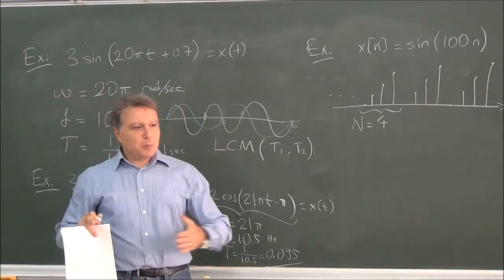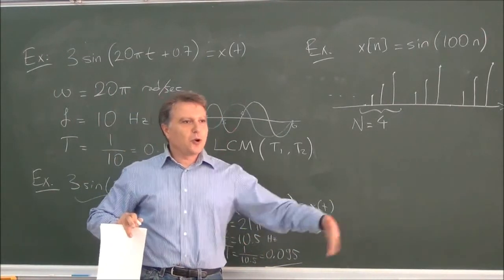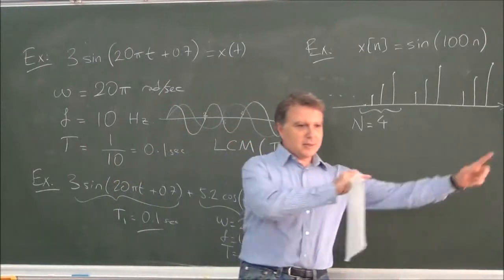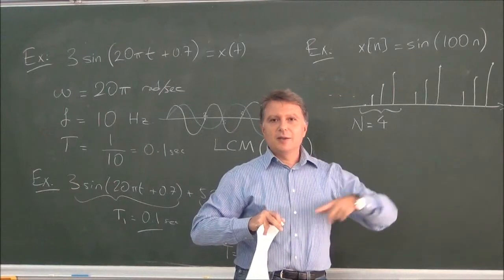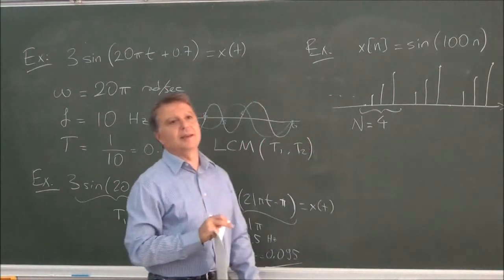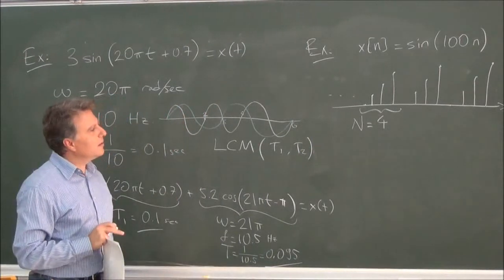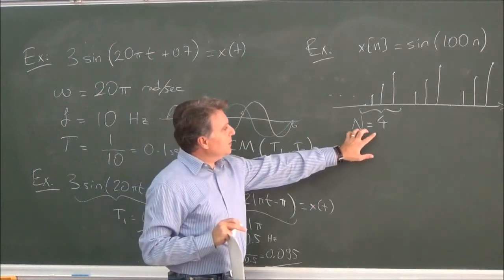Because 7.1 will not repeat itself, there is no index at 7.1, but if you proceed 10 such segments, you will reach 71, which is an integer, and that may be the period. So this is a periodic signal with period 4.